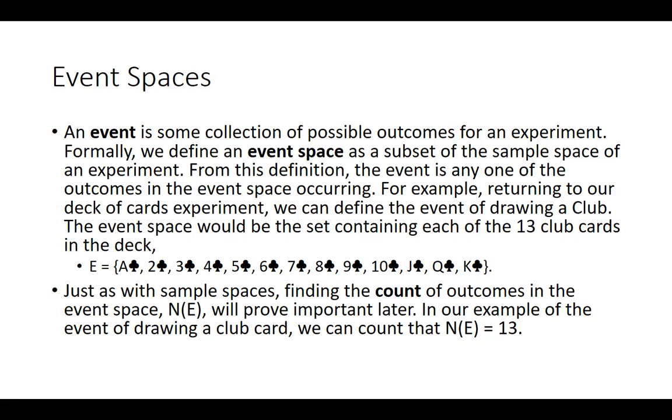Just as with sample spaces, finding the count of outcomes in the event space, n of E, will prove important later. In our example of the event of drawing a club card, we can count that n of E is 13. In other words, the cardinality of the set E, the number of things inside of set E, is 13.